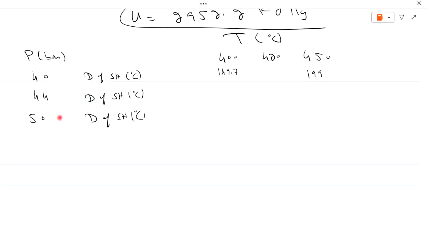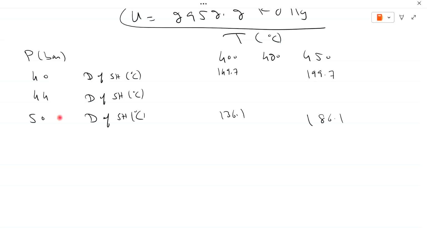Similarly, degree of superheat at 50 bar and 400 degrees centigrade is 136.1, and degree of superheat at 50 bar and 450 degrees centigrade is 186.1 degree centigrade.